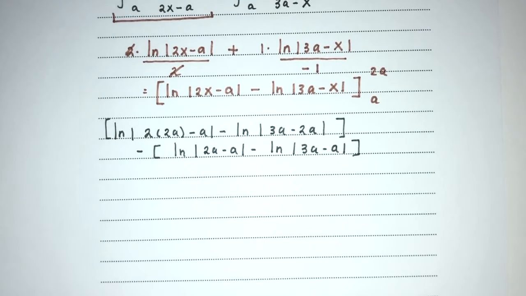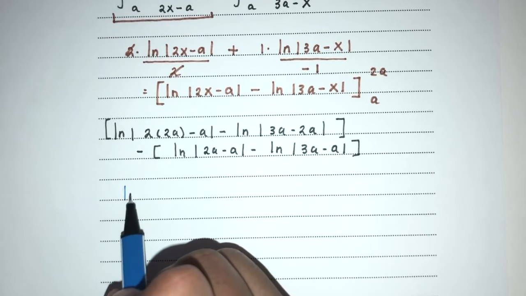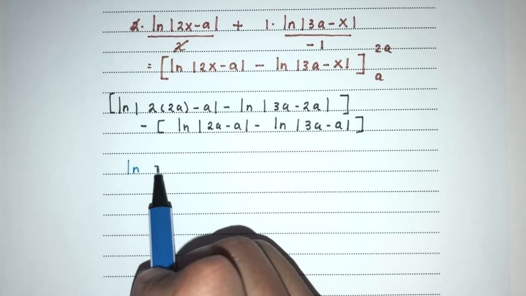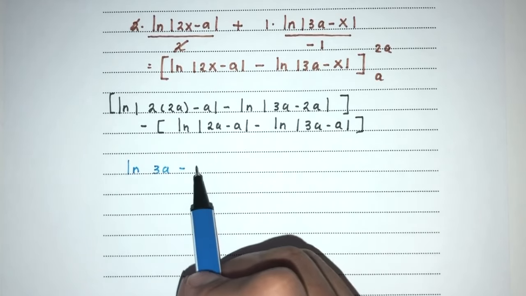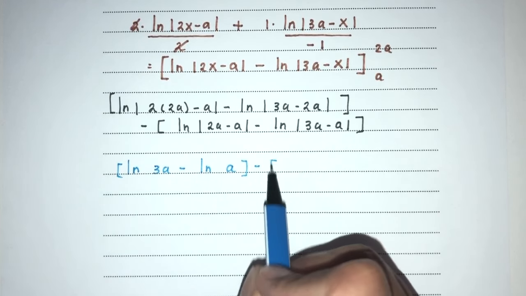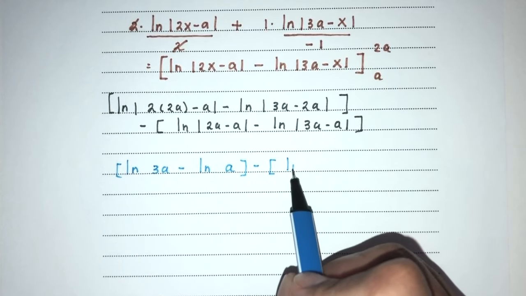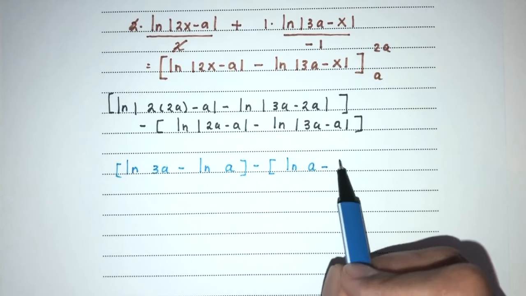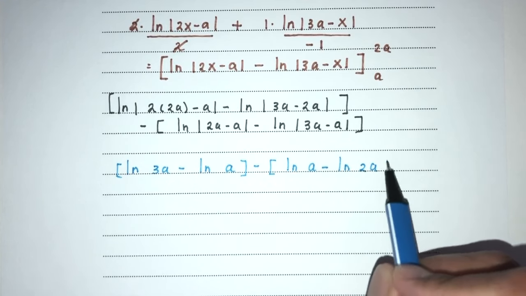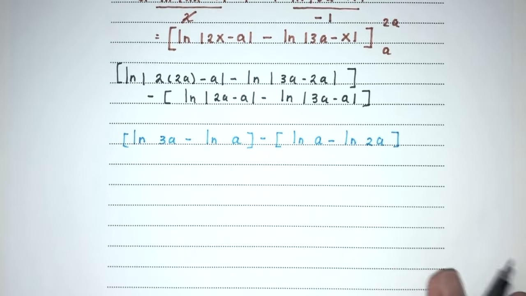So one by one. For this one will become ln of, so we have 4a minus a, that will be 3a, minus ln of a, right? And then this one will become ln of a minus ln of, so 3 minus 1 is 2, right? 2a.